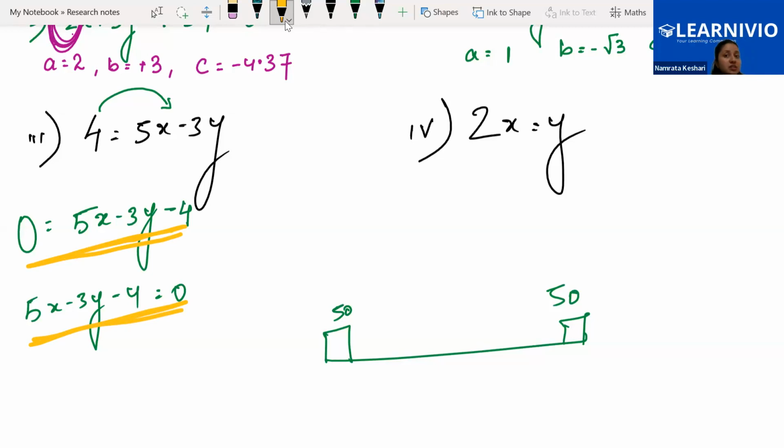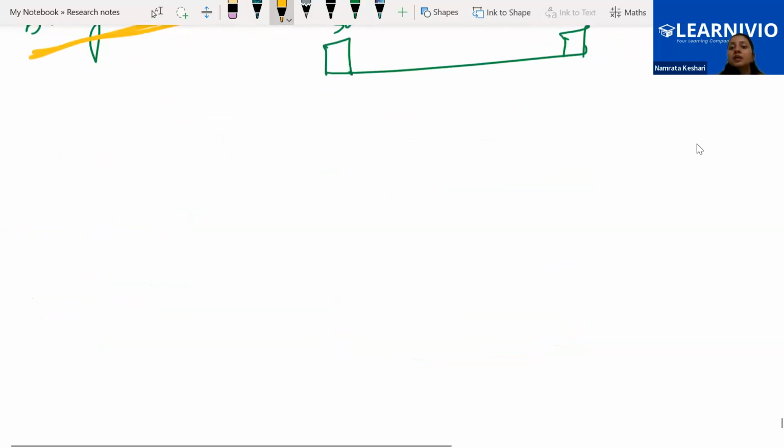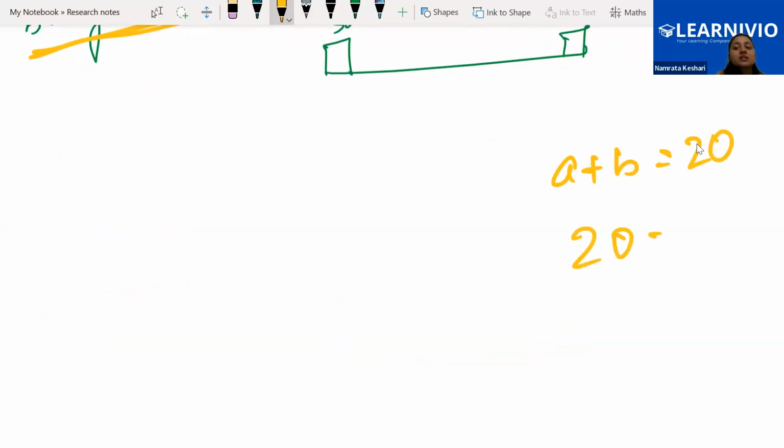We are not changing the equation. a plus b is equals to 20 can be written as 20 is equals to a plus b. Are we transposing the side? No, we are not transposing. We have not started doing the transposition, the changing of sides. Whatever is there we can write on one side, and whatever is there we can write on the other side. This way we are not changing the equation. Getting my point? Yes, ma'am.